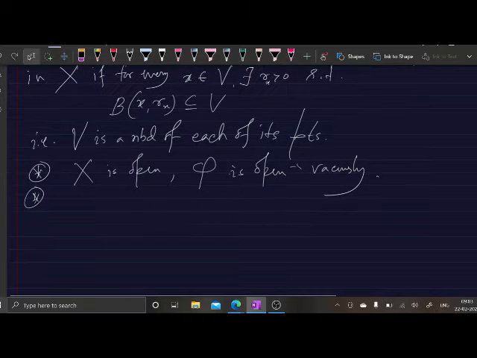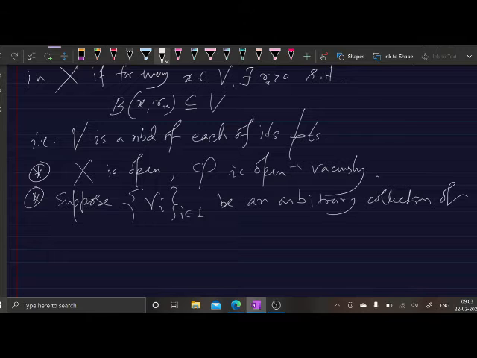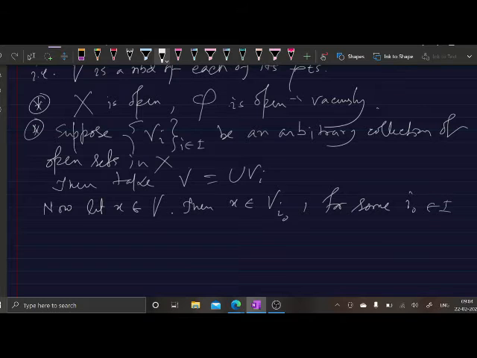The second thing is that suppose V_i be an arbitrary collection of open sets in X, then take the union of all those V_i, call it V. Now let small x belong to V, then x must be in some V_i0, since x is in the union of V_i, so it must be in some V_i0.